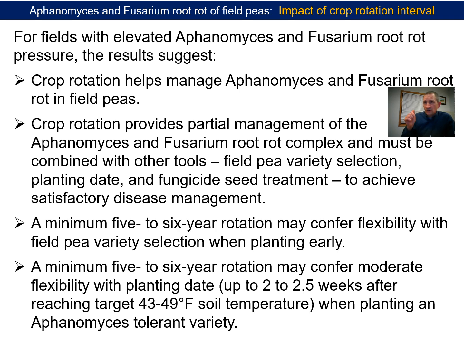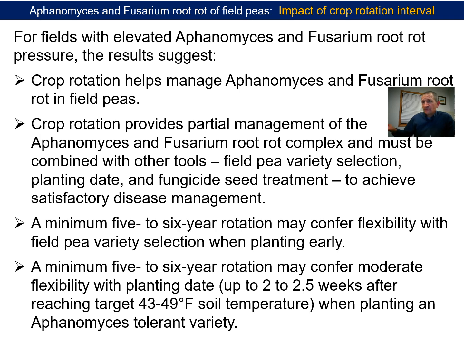Field pea variety selection and early planting are very, very important tools. Crop rotation also helps, but on its own is not enough. With that early planting, we typically see elevated Pythium and Rhizoctonia pressure, and to manage that, you add the fungicide seed treatment.